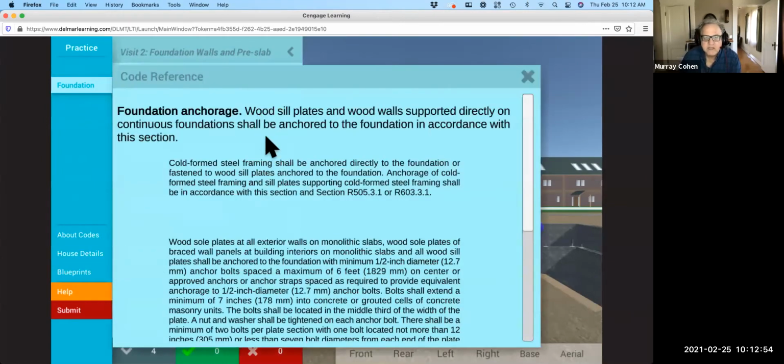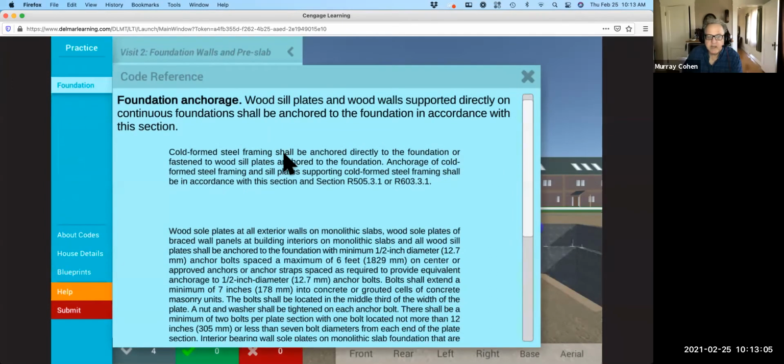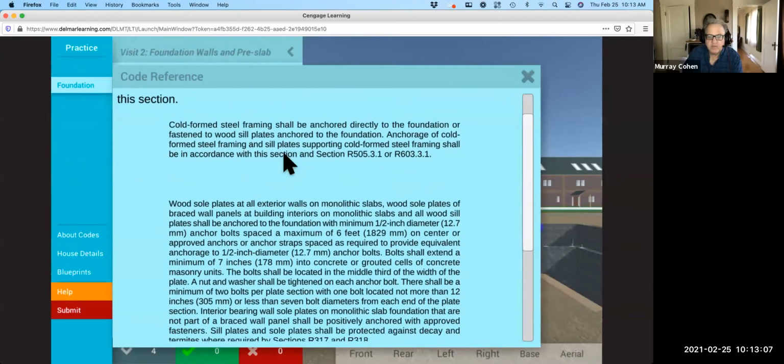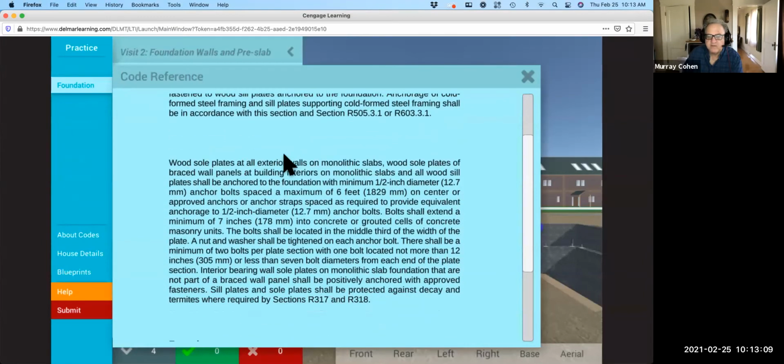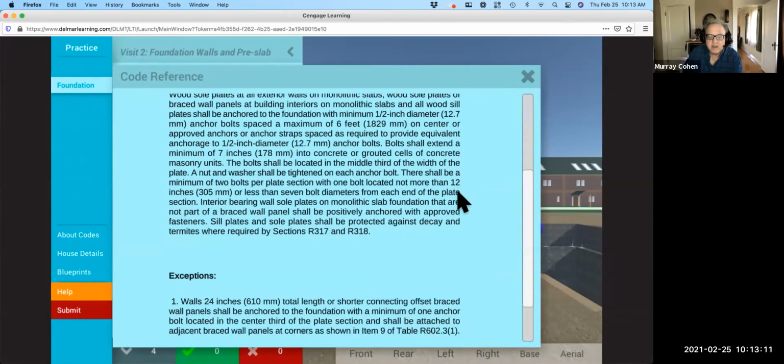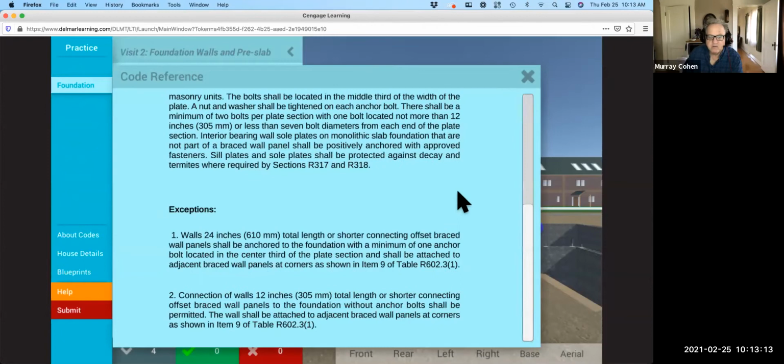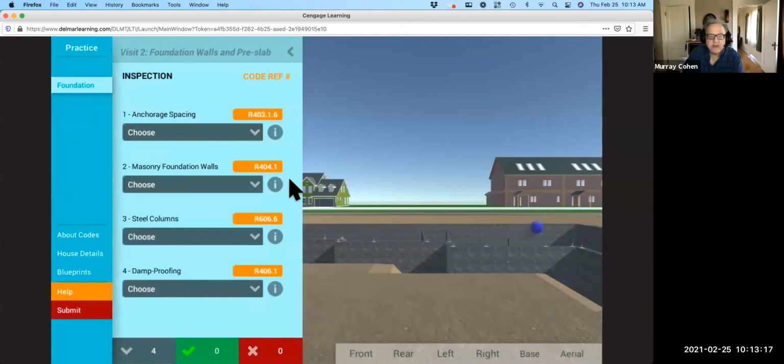So click on the ball, and see what foundation anchorage or anchors are about. You can read this whole thing, see what the code says about it. There's a lot of code, and you can move around too on this.